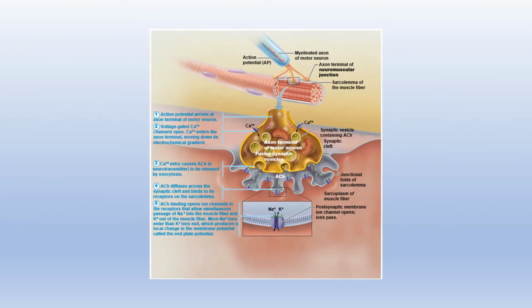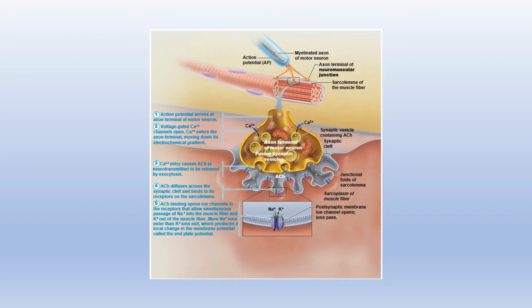Now, taking the information that I just covered on the previous slide, we are now able to identify all of the parts and pieces of the neuromuscular junction. So if you are following along with my laser, again, in the yellow, that is an axon terminal. In the axon terminal, we find bubbles or vesicles. These vesicles contain a neurotransmitter known as acetylcholine.